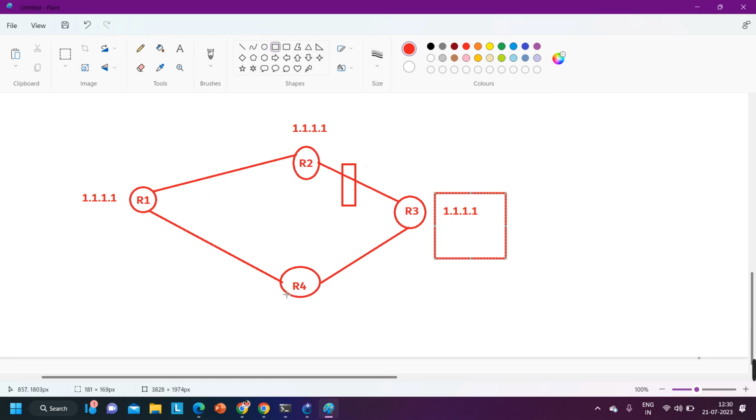One is via router 2, one is via router 4. Via router 2, I am calculating the least metric, so that should be the best path. And I am keeping the other path in my database. If this path goes down, then I will install it automatically by myself. I don't need to ask my neighbor. Getting my point?